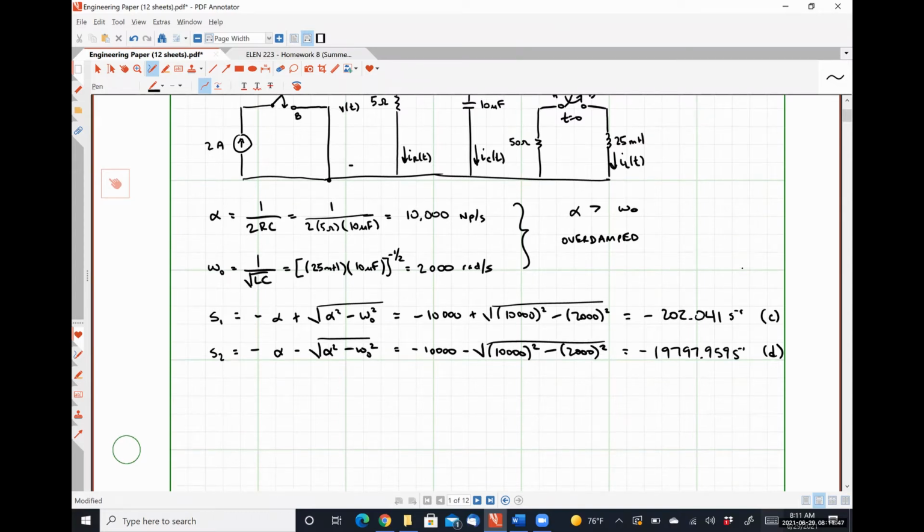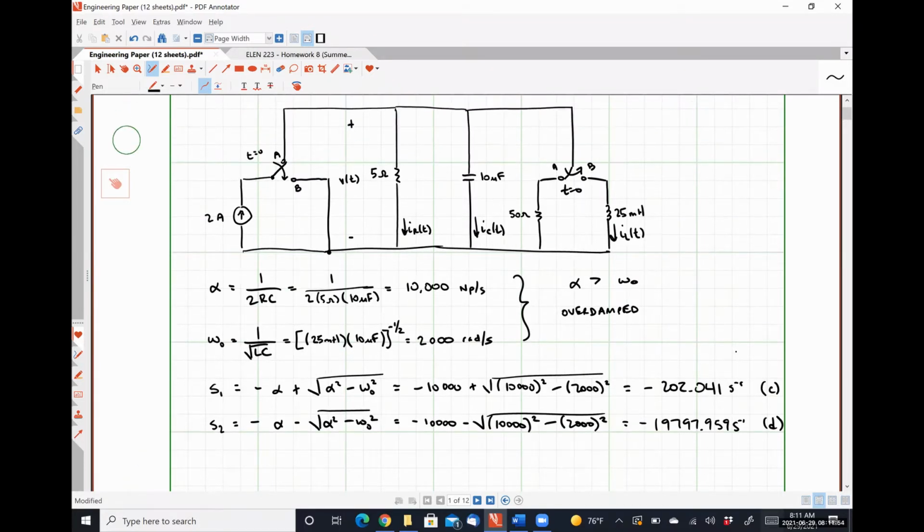Part B asks us to analyze the circuit at t equals 0 minus. So at t equals 0 minus, again, the 2 amp source is in the circuit. Then we have a 5 ohm resistor in parallel with a 10 microfarad capacitor in parallel with a 50 ohm resistor.